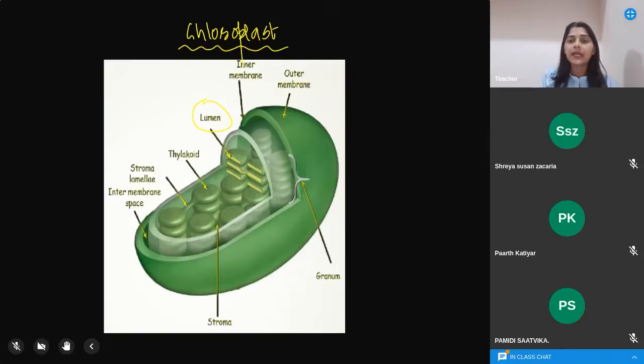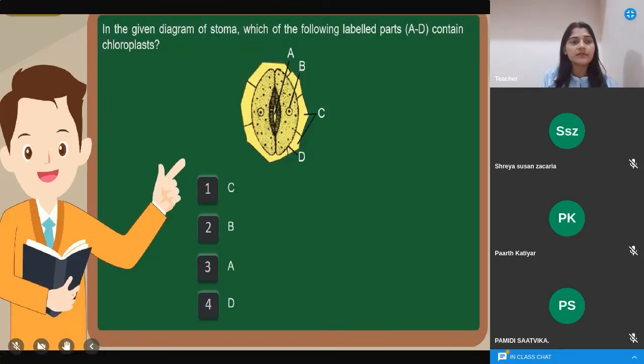Right? Now we have some questions. Please answer them. Which part will contain chloroplast? Option 4.